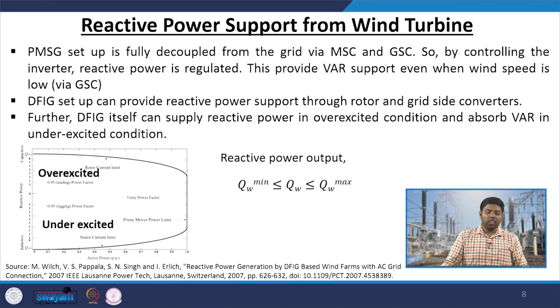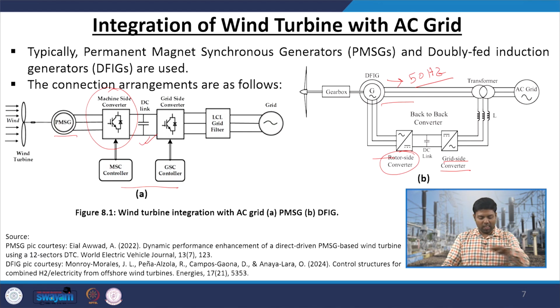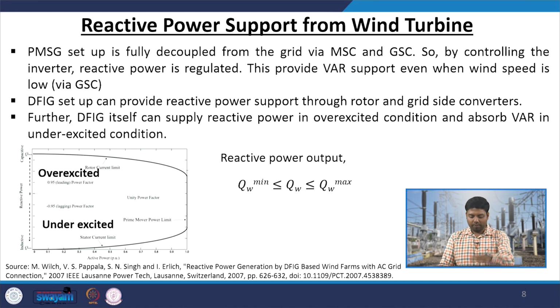Now, how will we get reactive power support from this wind turbine setup? If you have a PMSG setup, then you have one converter and an inverter. It is the same as your PV inverters, what we told, that you will get your reactive power supply from this grid side converter or grid side inverter. You will run that with a lagging or leading power factor, and depending upon that you will get your reactive power support.